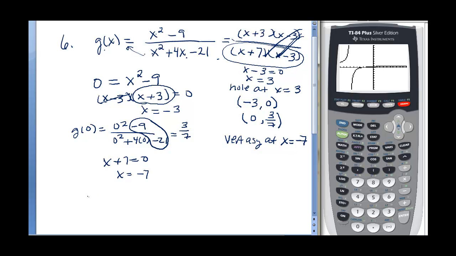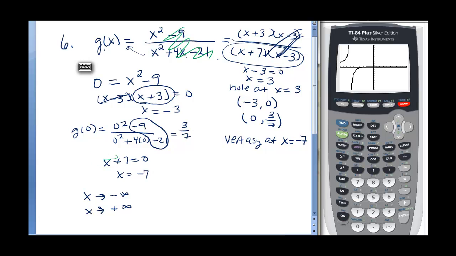Then it asks what happens when x goes to negative infinity and when x goes to positive infinity. This kind of all is negligible when x is really, really big or really, really small. So I basically have just x squared divided by x squared, which is equal to 1.